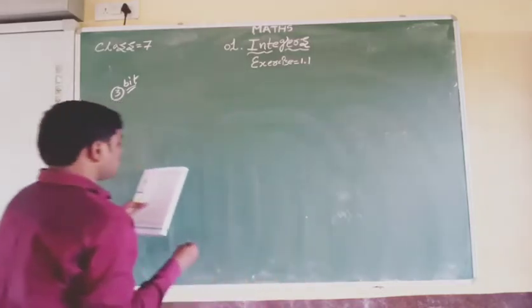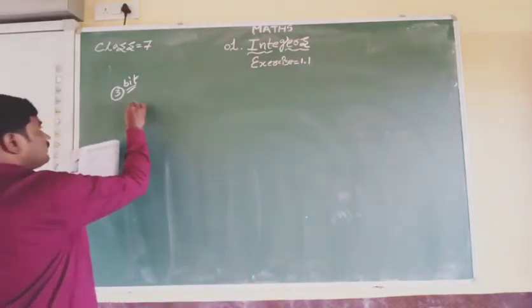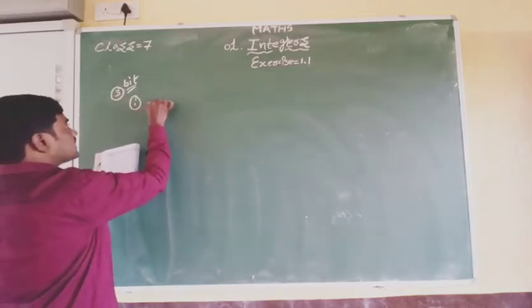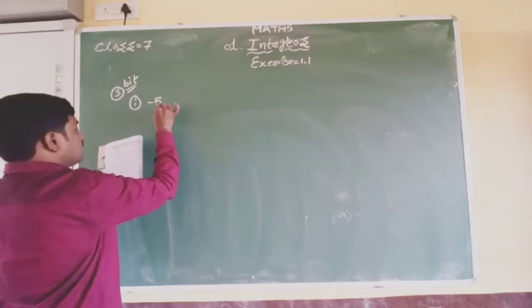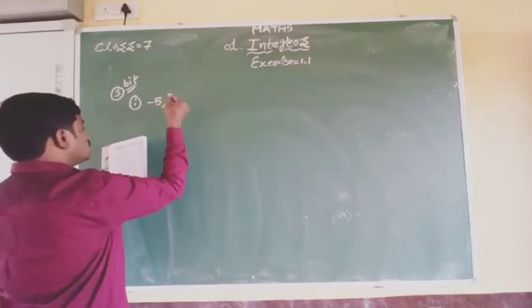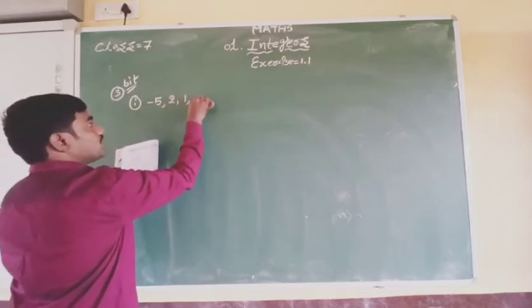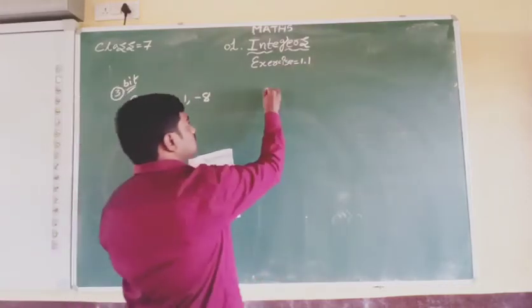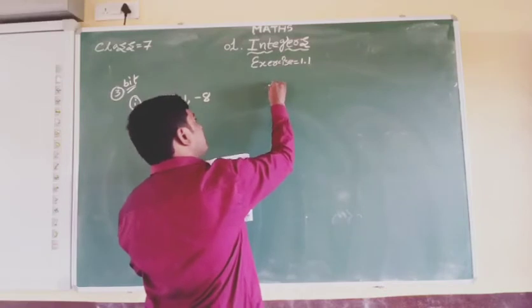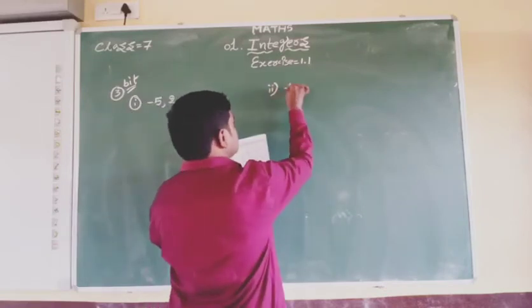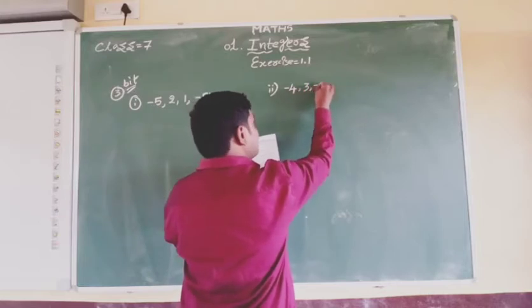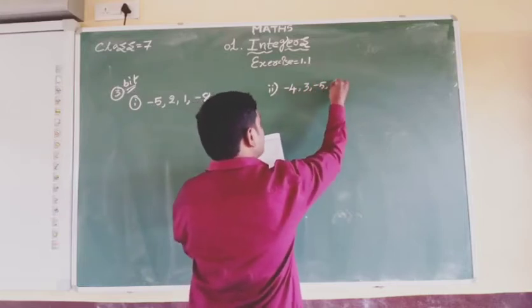Okay, let's go for here. There are 3 internal questions in this bit. Let me write the given integers first. Minus 5, 2, 1, minus 8. The second one is minus 4, 3, minus 5, 2.